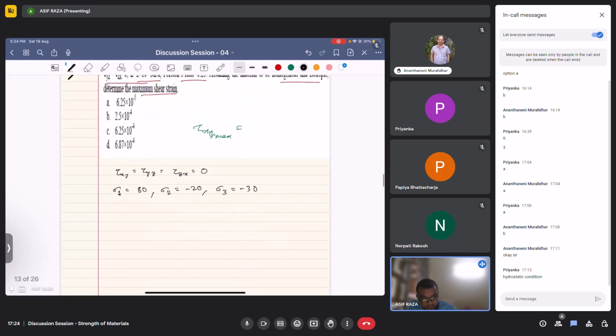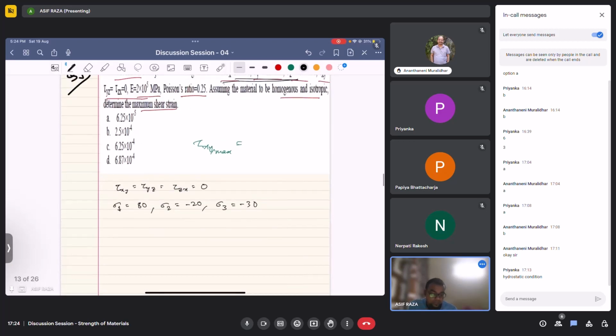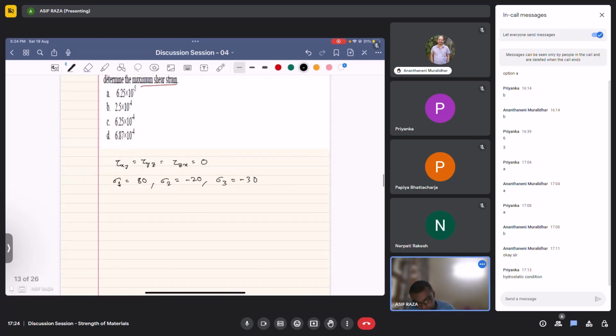I could give you directly the maximum shear stress, which would be sigma 1 minus sigma 3 by 2, tau max, right?